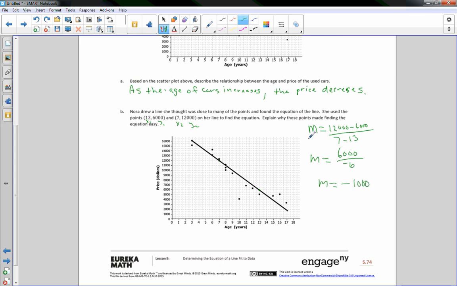So why did that make it easy? Because the difference of the x's is 6, and the difference of the y's was 6,000, and that 6 goes into 6,000 evenly, and that's why it made it easy. Okay, and the points were on the corners of the grid, so they were on integer coordinates. So there were no approximations.